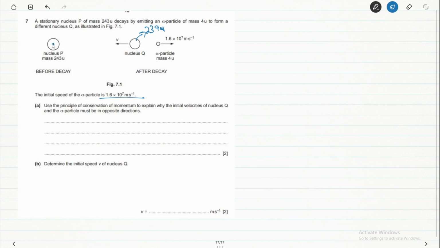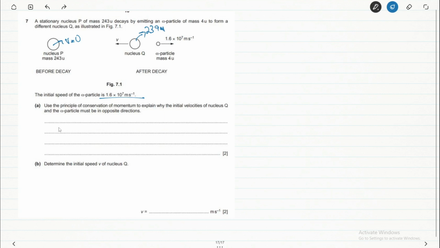So this is the nucleus P, and it is stationary, so its v is equal to 0, so momentum is equal to 0. Now, the alpha particle starts moving away from it, so Q has to move backwards to balance out the momentum being created in the right direction, and it goes in the opposite direction, which is the left.